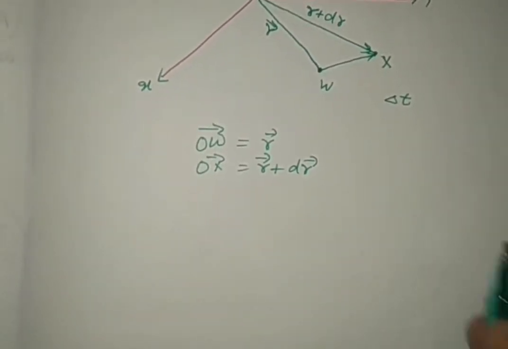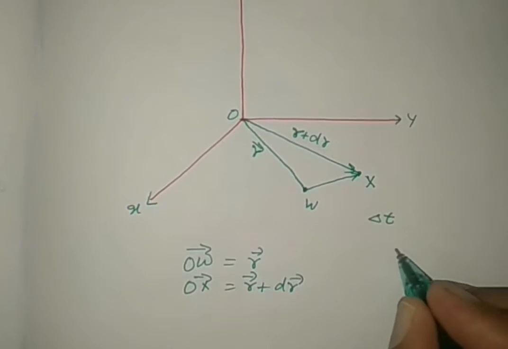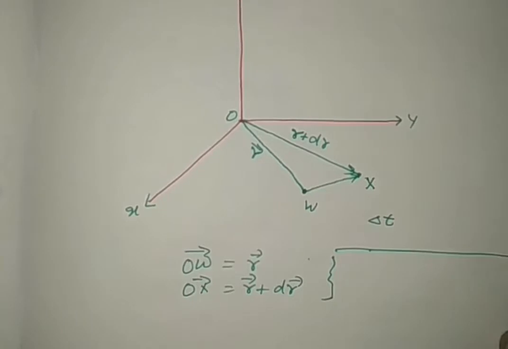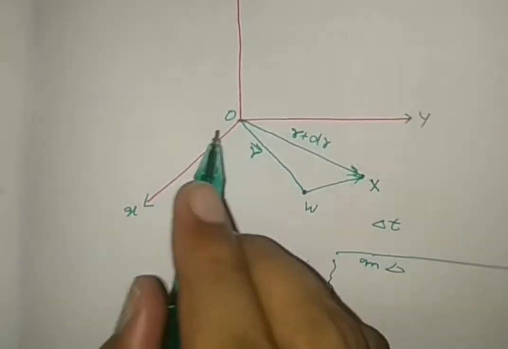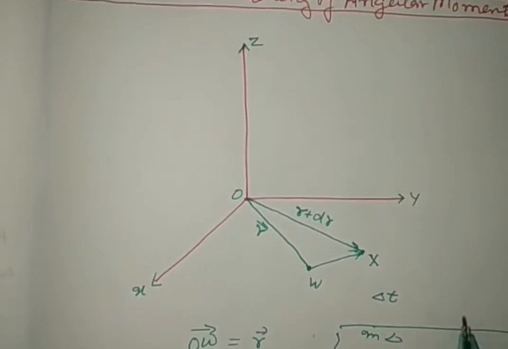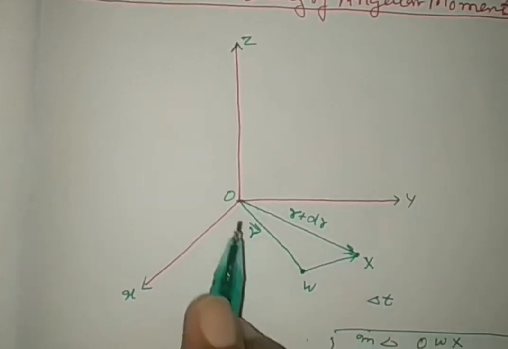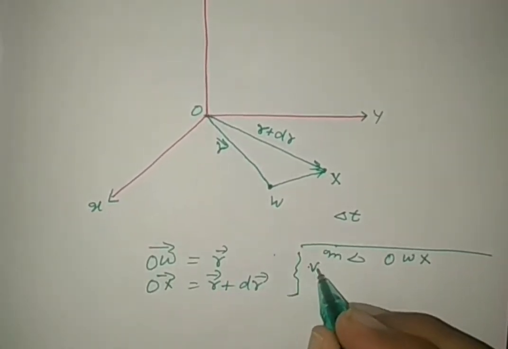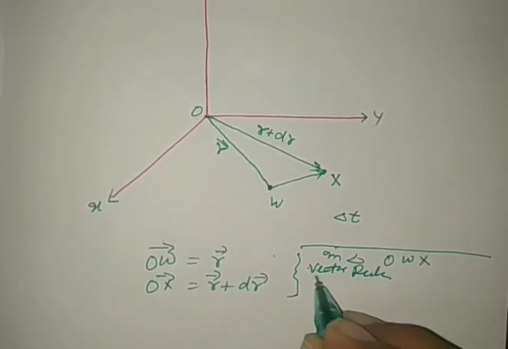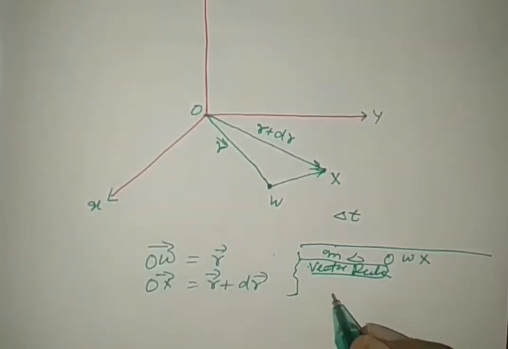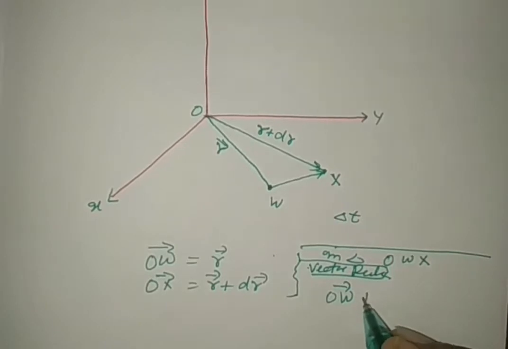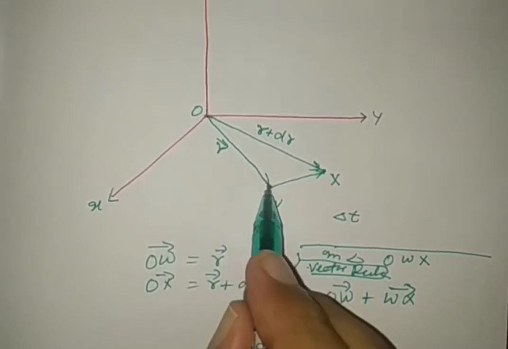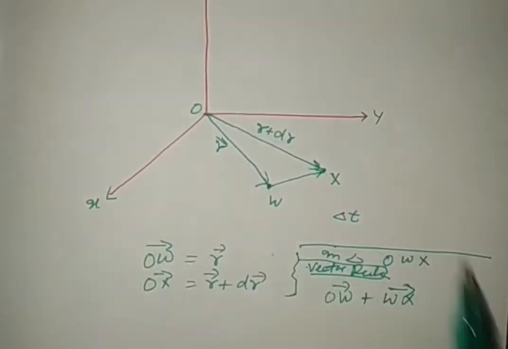Now see carefully. We want to see something more in the triangle OWX. We are going to see the vector form, the vector rule. What is the vector rule? OW plus WX is equal to OX.